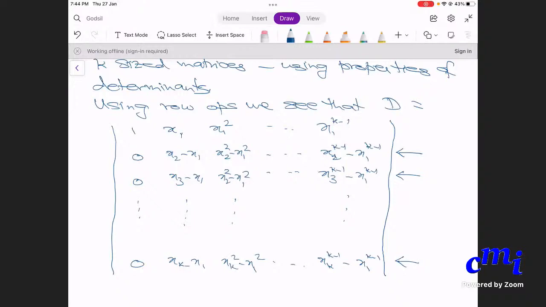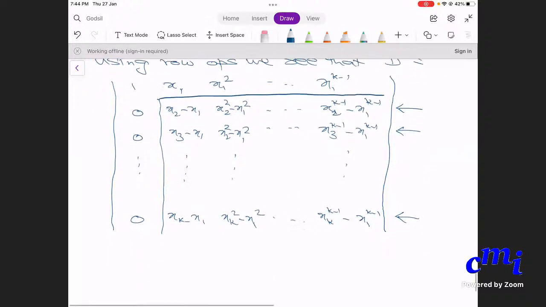If you start expanding along the first column, you will get 1 times the determinant of this smaller matrix, and there is no other term to expand if you are expanding along the first column. So expand along the first column.